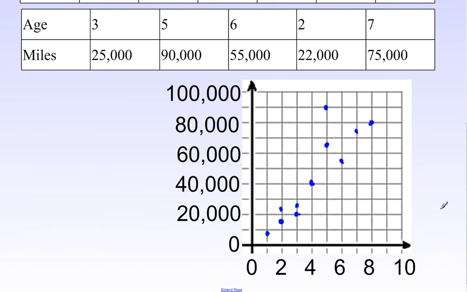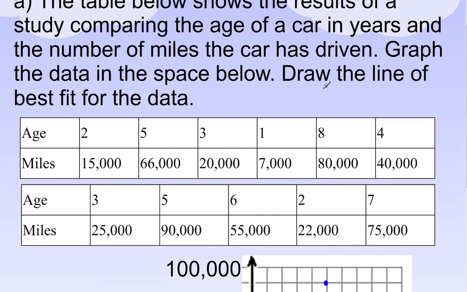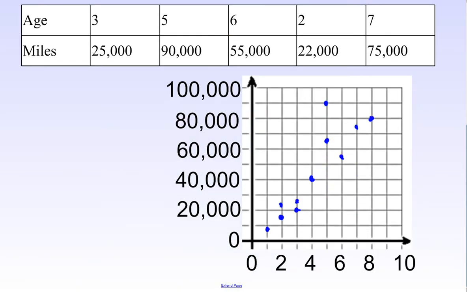Okay, and so what it asked us to do? It asked us to graph the data in the space below, draw the line of best fit for the data. All right, so you probably gathered this when we did the problems above. But the line of best fit attempts to go through the middle of the data. So I like the idea of lightly sketching in that burrito.